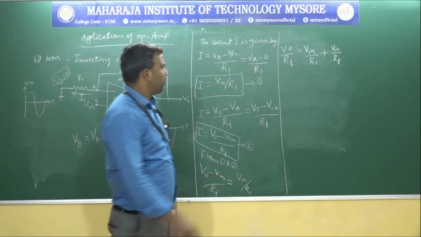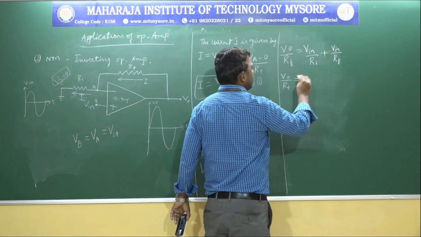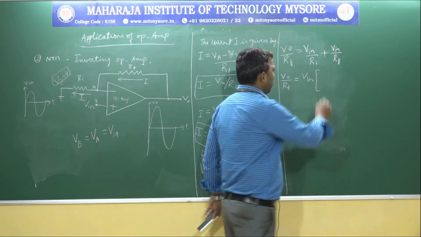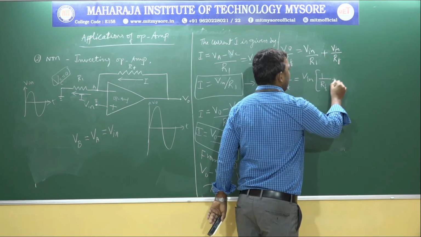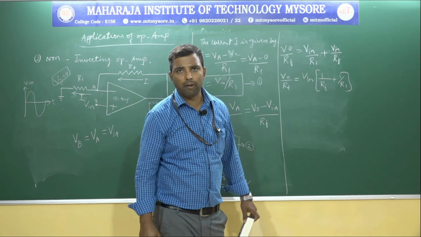Take VO by RF as it is and take Vin outside as a common factor, that is 1 by R1 plus 1 by RF.